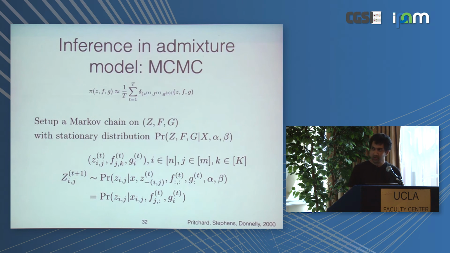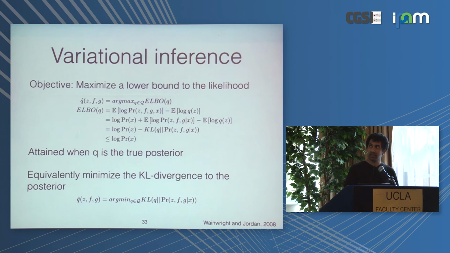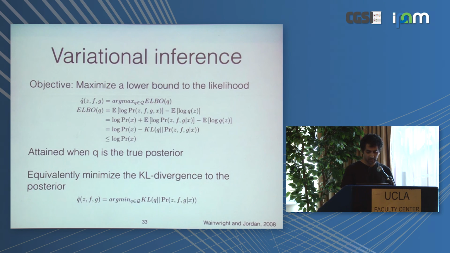A challenge with these MCMC methods is that it is quite difficult to get them to scale to large data sets. Convergence to the true posterior can be a problem. So people have also been looking at deterministic approximate inference methods, and one promising class of methods is variational inference.